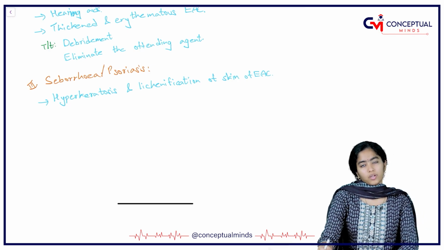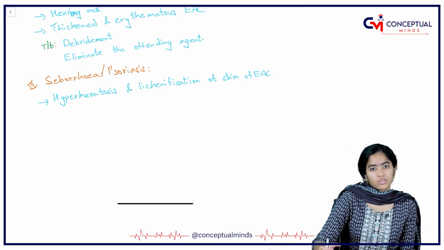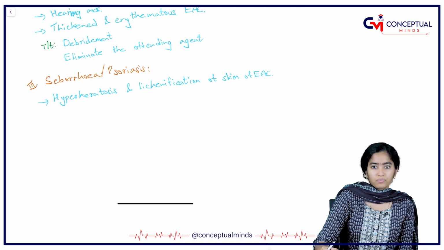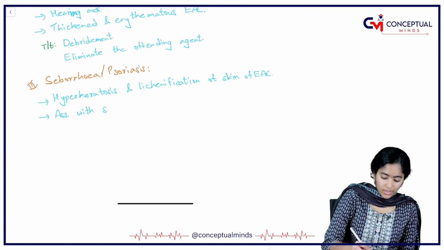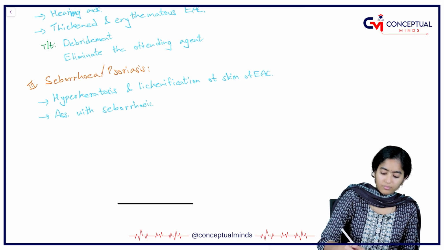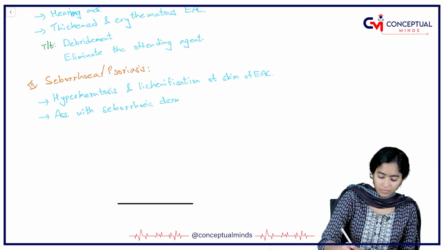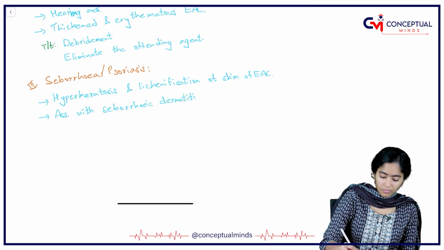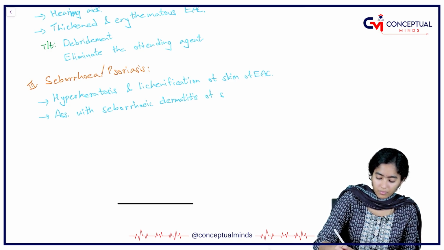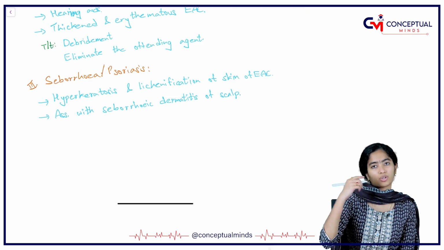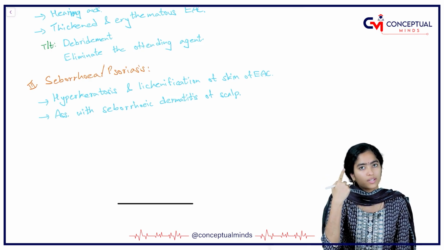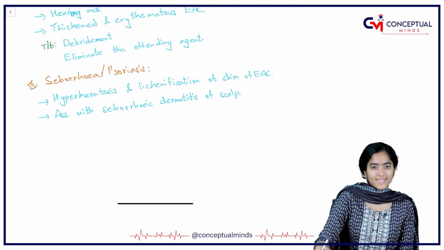The reactive group mostly involves the skin conditions, the dermatological conditions. So, this is usually associated with seborrheic dermatitis of the scalp. If we observe in a patient of seborrhea of the external auditory canal, we also see that he is suffering from seborrhea of the scalp.